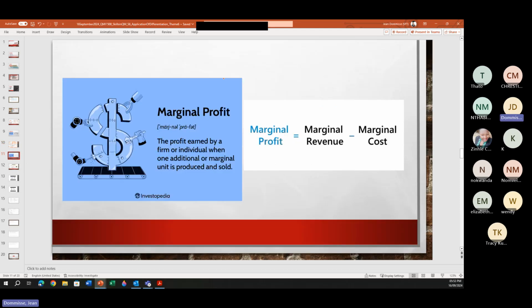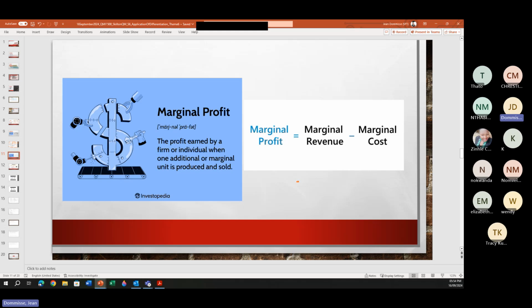Then the other one that they also referenced is marginal profit. Marginal profit, you can look at from two ways. Marginal profit is your marginal revenue minus marginal cost. So that is one way to work it out.